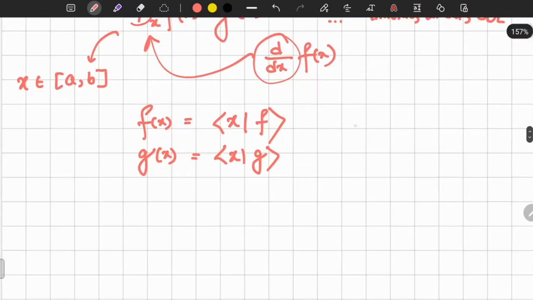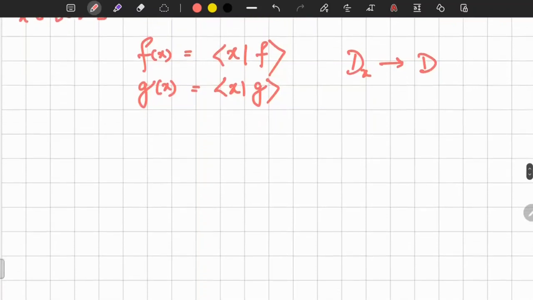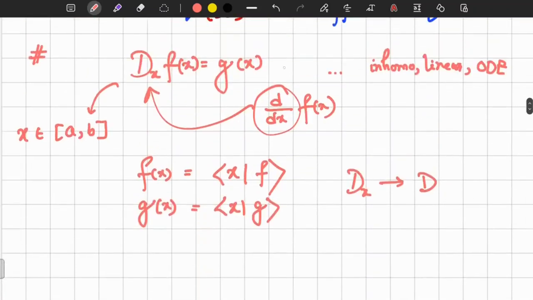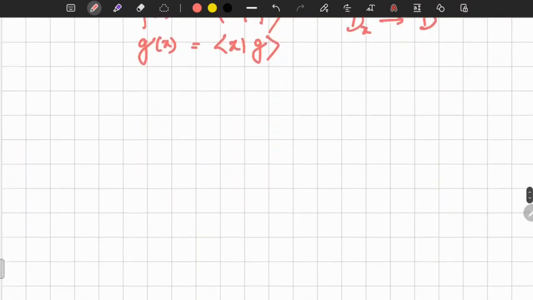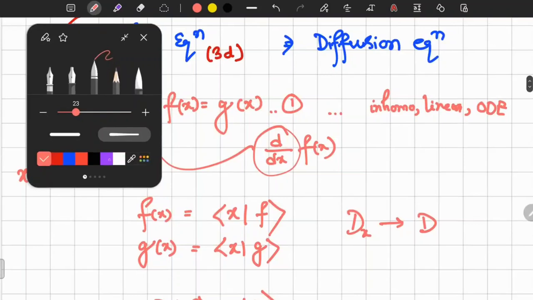In abstract space, D_x we can write as just D, thinking in terms of an operator. So our equation number one, we can write as D|f⟩ = |g⟩.